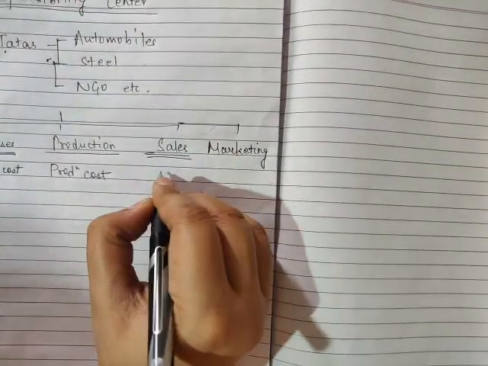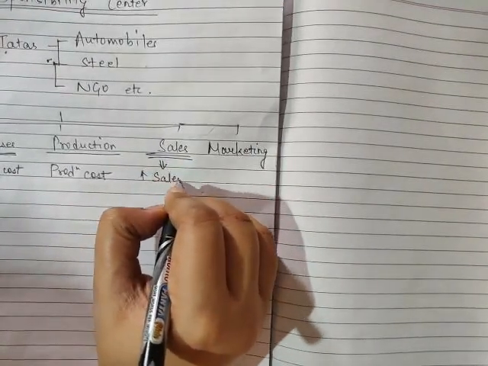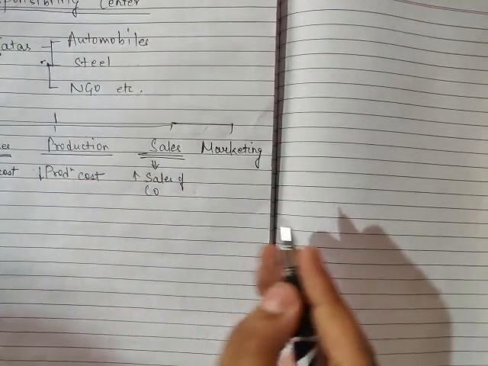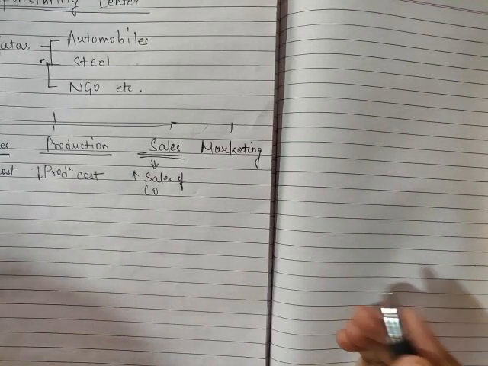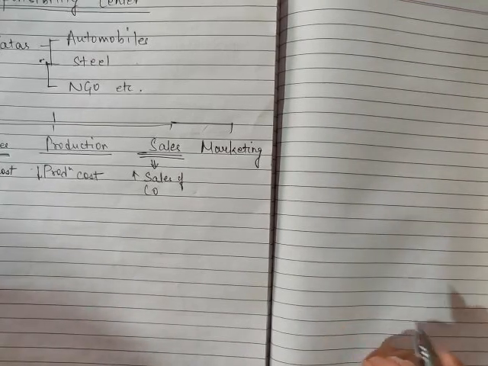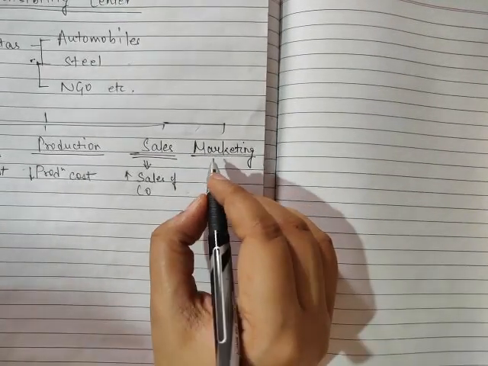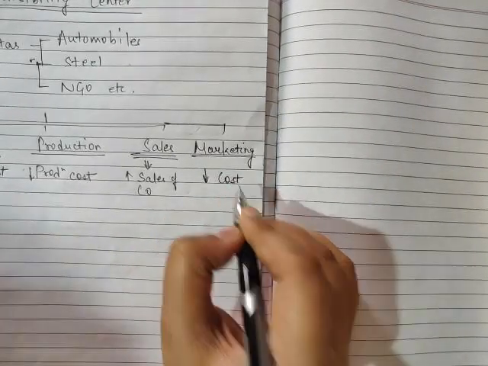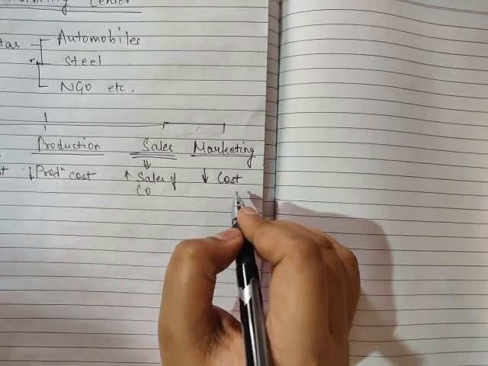The sales manager will be primarily responsible for increasing the sales of the company. A sales target will be set at the beginning of the period, and his performance will be measured based on whether or not he is able to meet that target. The marketing department's primary focus will be to reduce the marketing costs and increase the efficiency of the existing campaigns.